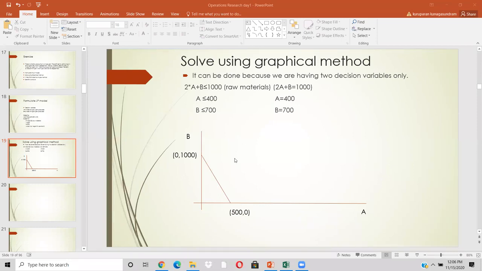To find that, we have to put a value and check whether the condition is satisfied. To the right of that point is 501 comma 0, to the left is 499 comma 0. Substitute here: which will be satisfied, right hand side or left hand side?